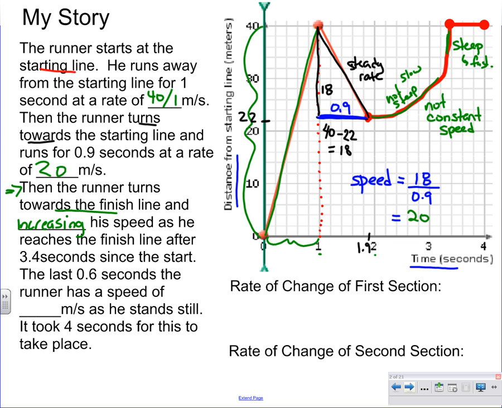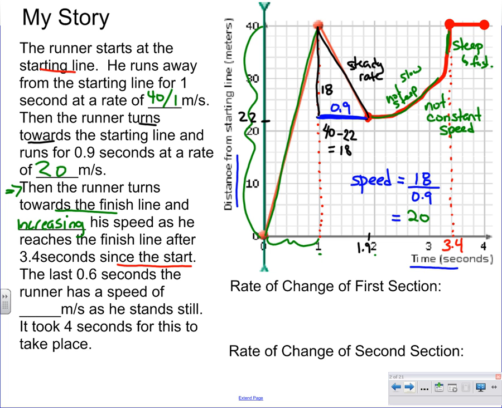And he reaches the finish line after 3.4 seconds since the start. If I sit at this point and run all the way down, I can see that that was 3 seconds, and every grid line is 0.2 seconds, so this is 3.4 seconds since he started his run.